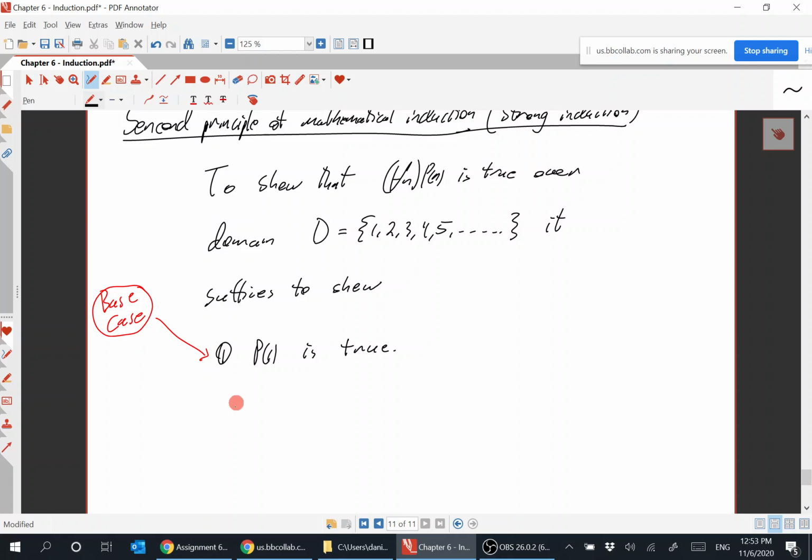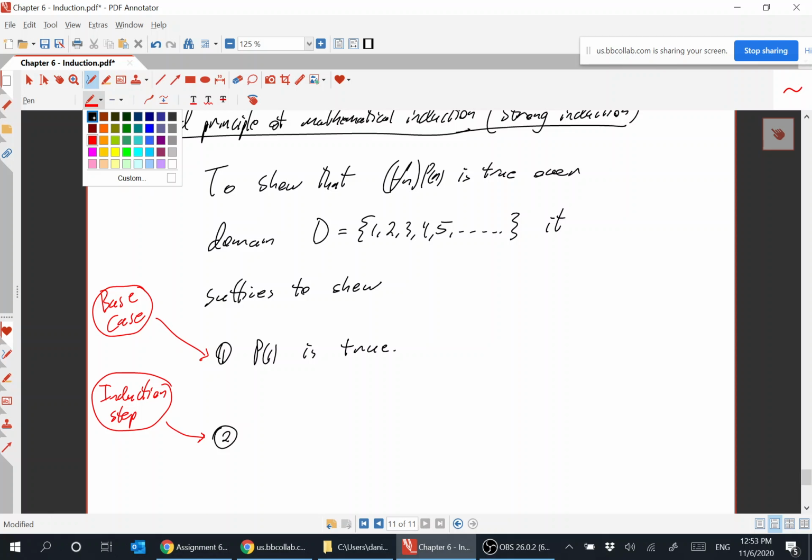And then 2, the induction step is a little different this time. Here, the induction step is not that Pn implies Pn plus 1.